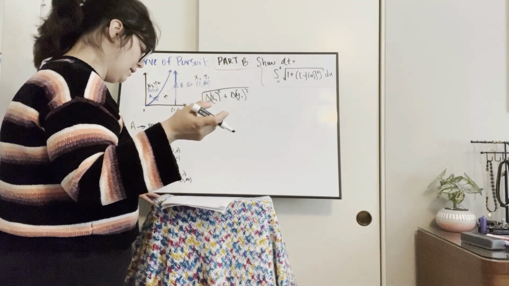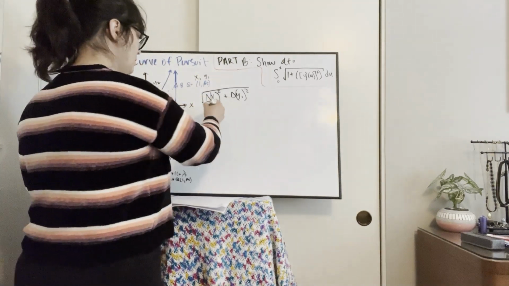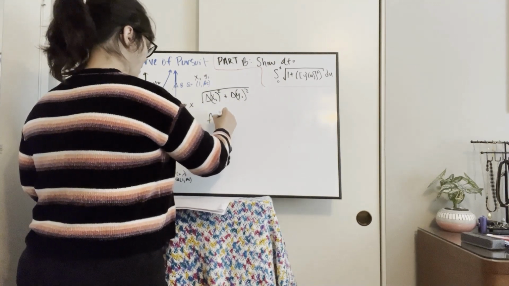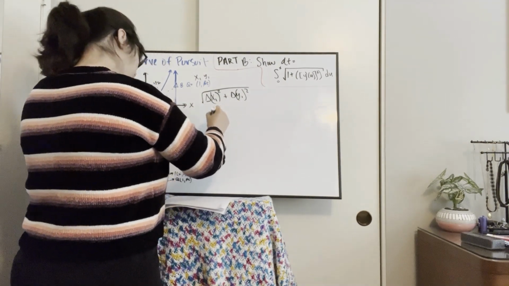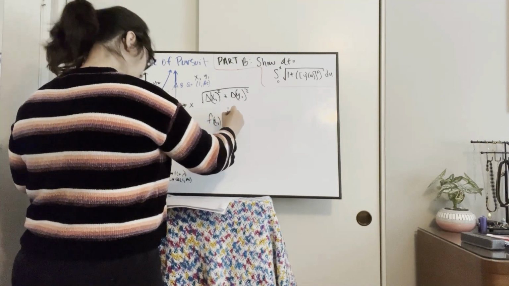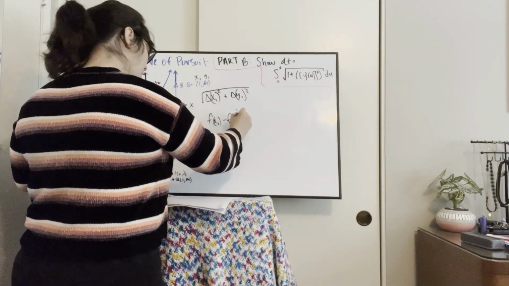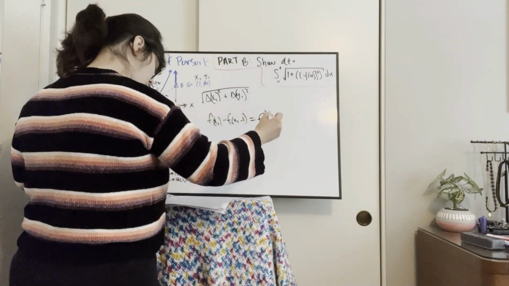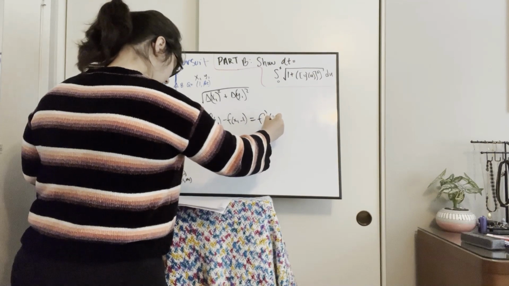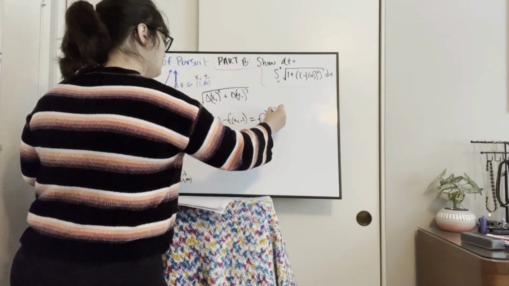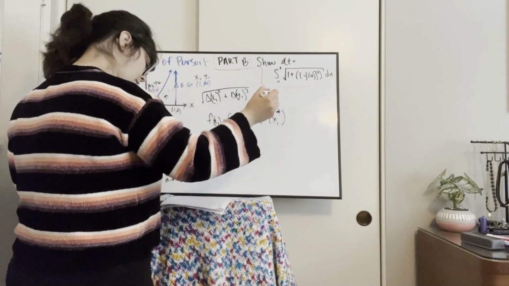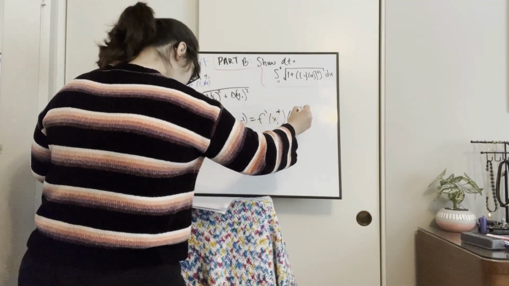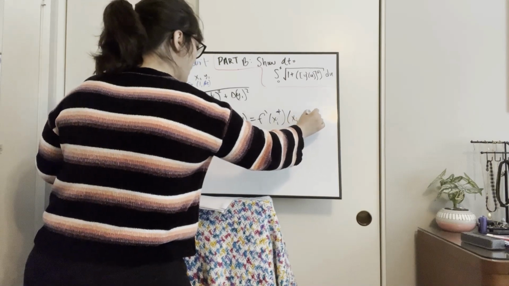So we can rewrite f of x sub i minus f of x sub i minus 1 as f prime of x sub i star times x sub i minus x sub i minus 1.